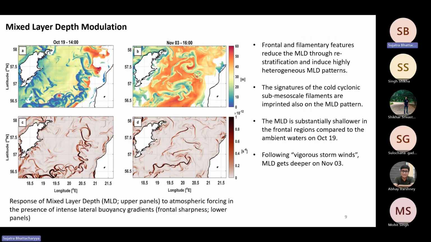Normally cyclonic events or wind try to mix the upper layer and kill the stratification, but due to these small filaments, they try to restratify along their filament and front. That's how there is a secondary ageostrophic circulation which tries to restratify the uniform mixed layer.